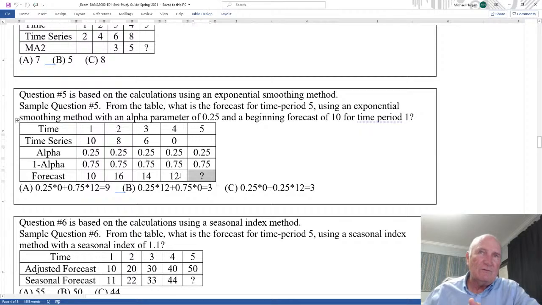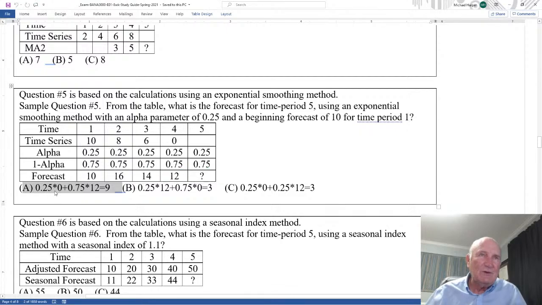What's 3/4 of 12? 1/4 of 12 is 3, and 3 times 3 is 9. So you could do it in your head. But the point is, I give the equations down here, and you'd see here, 0.25 times 0 plus 0.75 times 12 equals 9.